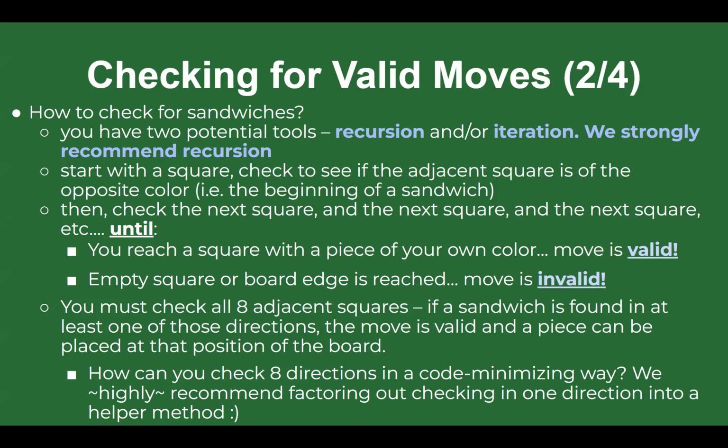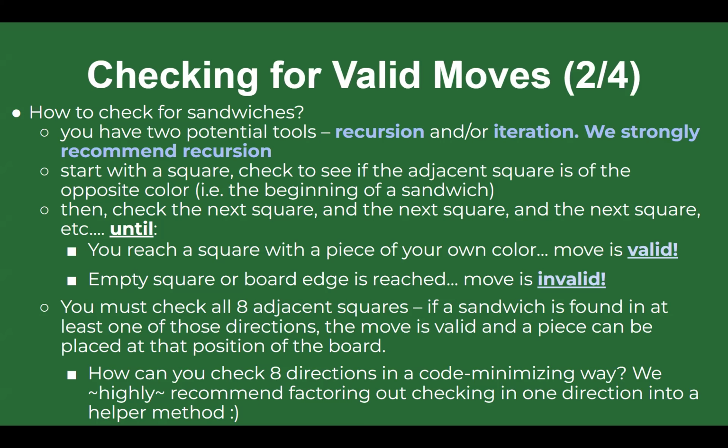Either we reach a square with a piece of our own color, which basically means I started with a piece of my color, I saw a bunch of enemy pieces, and then I saw one of my pieces again, so the move is valid.